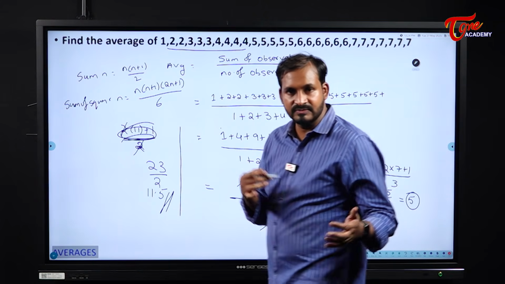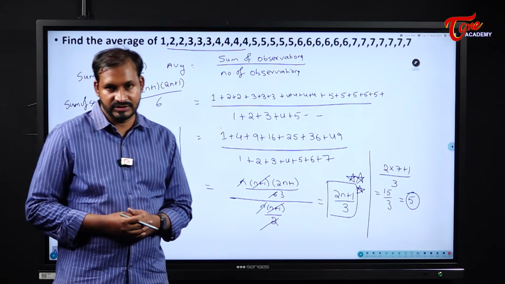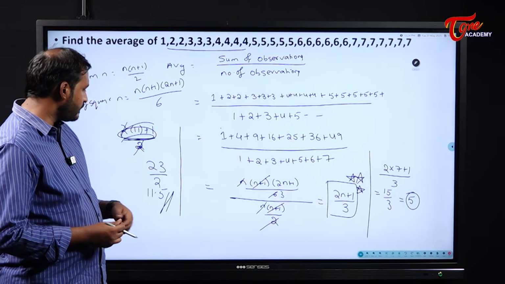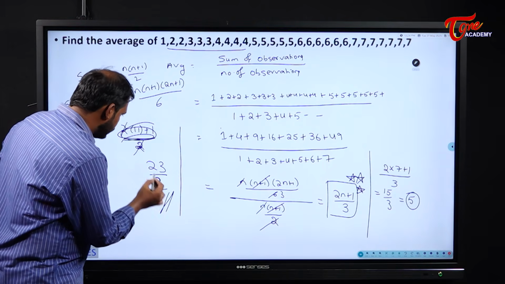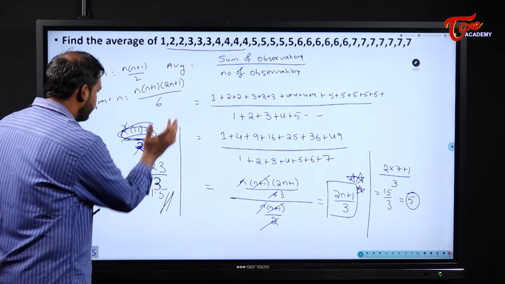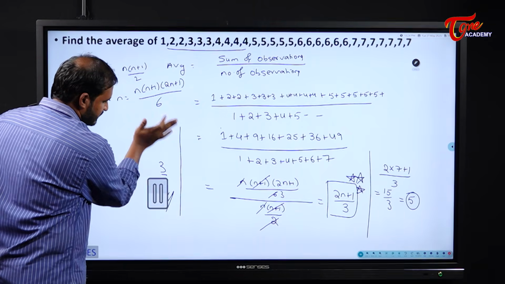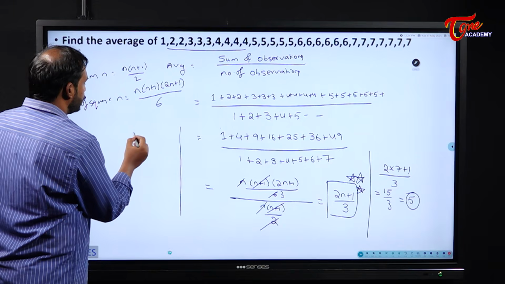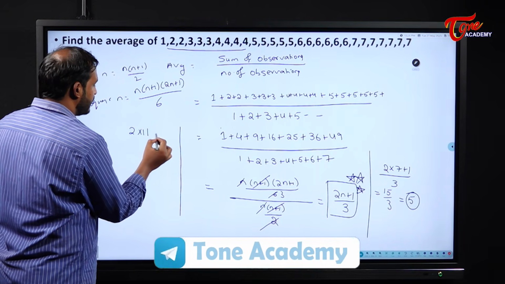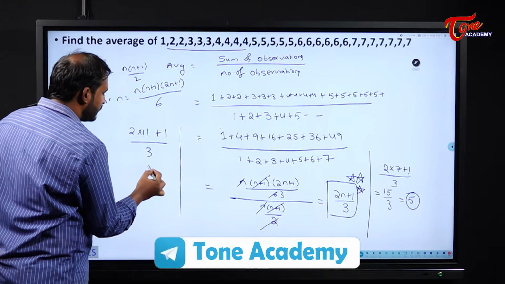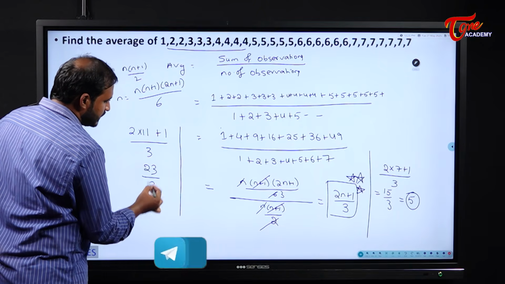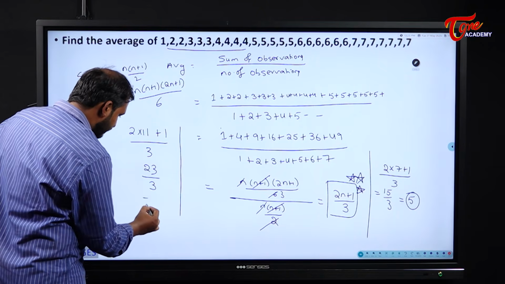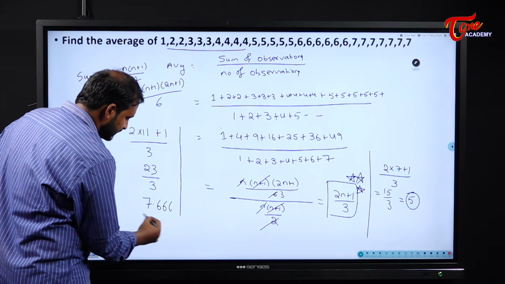In this manner, you need to solve the problem, students. By 3, not 2, by 3. So if it is by 3, what happens here? If you take it for 11 values, 2 into 11 plus 1 by 3. 23 by 3, it will become 7.66666, something like this.